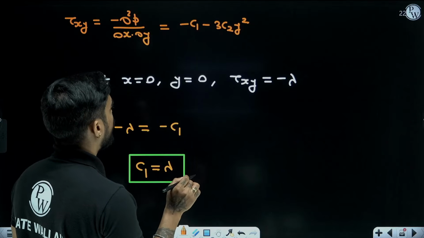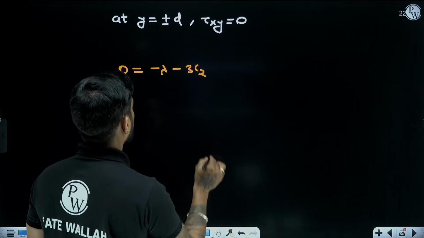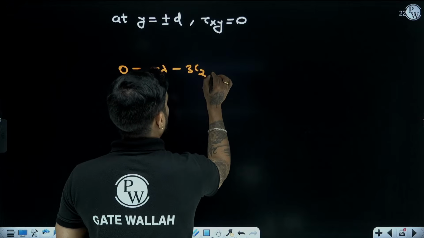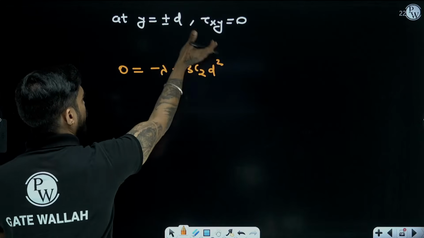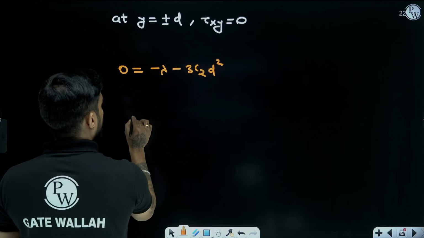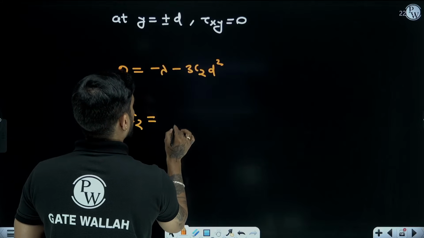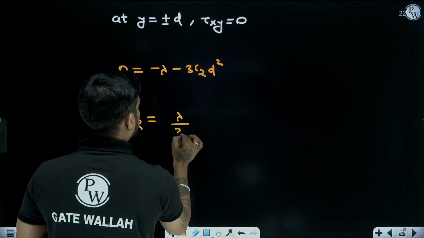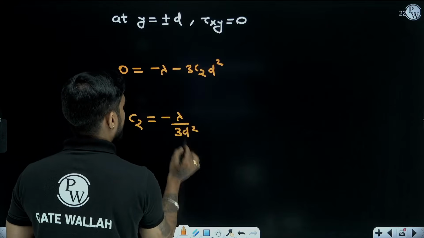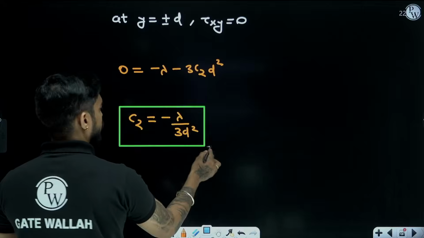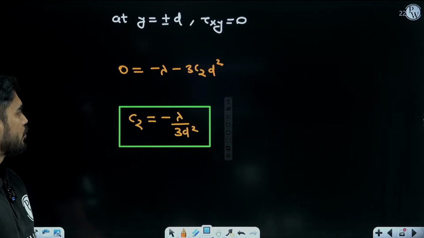What is y square? Y is d, so it will become d square. Even if you put plus or minus, doesn't matter, right? So from here C2 will become minus lambda by 3d square.